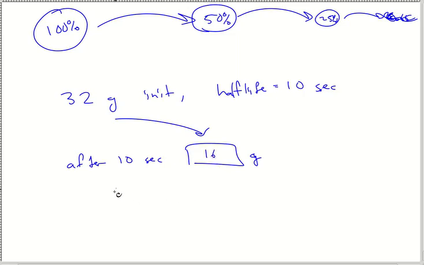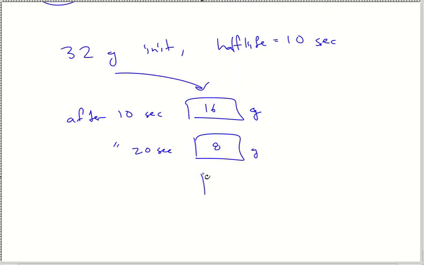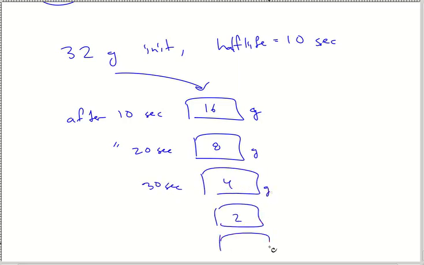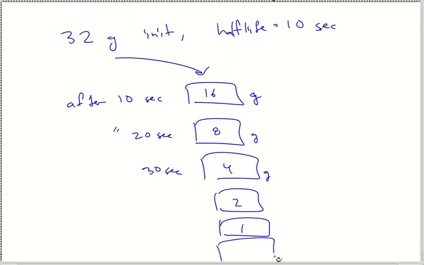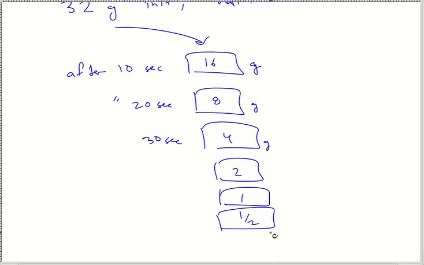It's 16. Very good. So what's after 20 seconds? Again, that's now another half-life, so it's now at 8. And then what's after 30 seconds? And you get a 4, and then a 2, and then a 1, and then a half, or whatever it is.